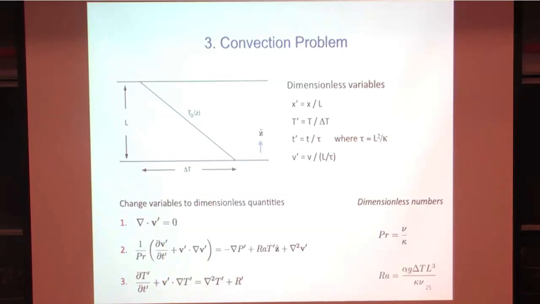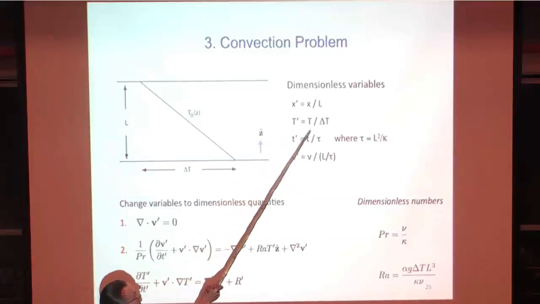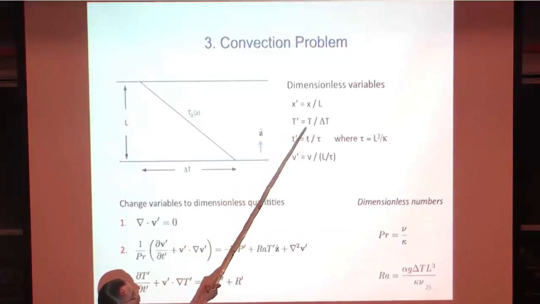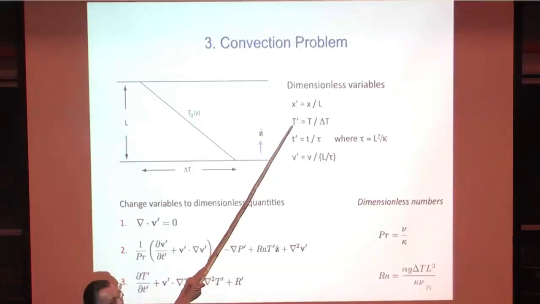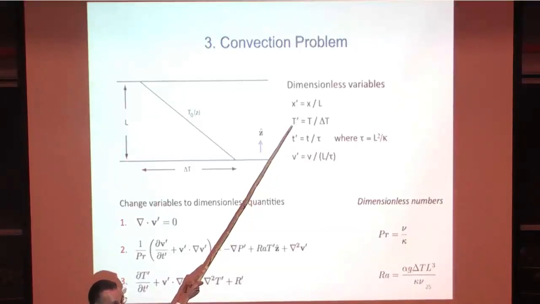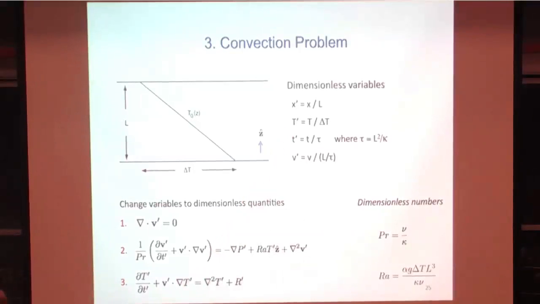Okay. So like on the previous slide, we can introduce these dimensionless variables. We just say our temperature T prime is equal to the actual temperature divided by the temperature difference. And every time we go into our original equations, we replace all the temperatures with T prime times delta T. And we do that with all our variables.